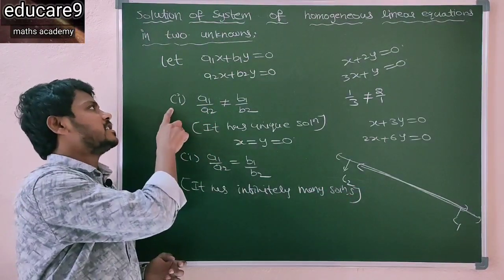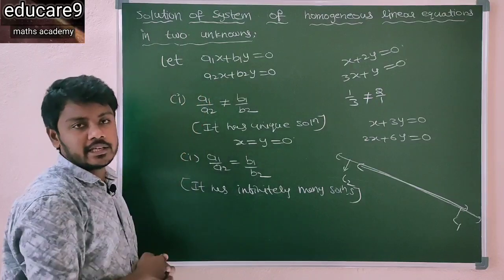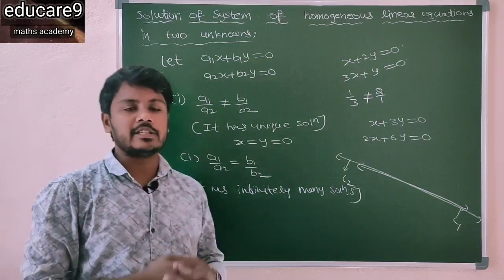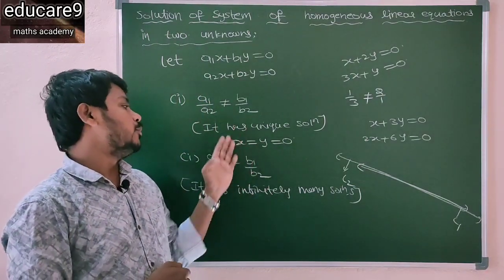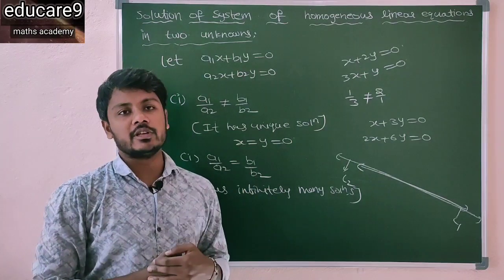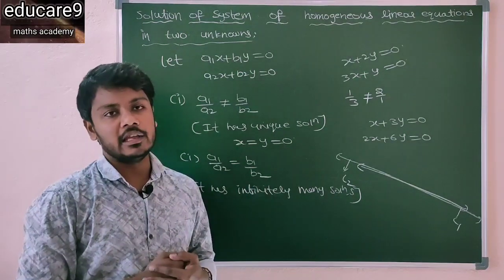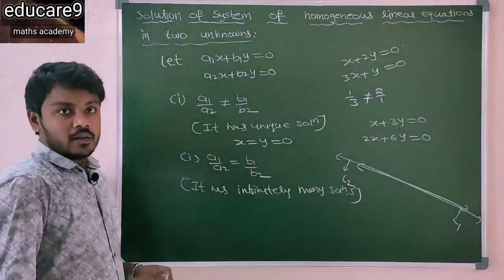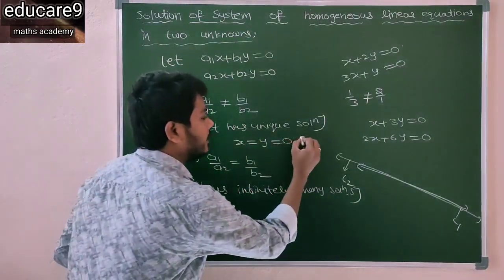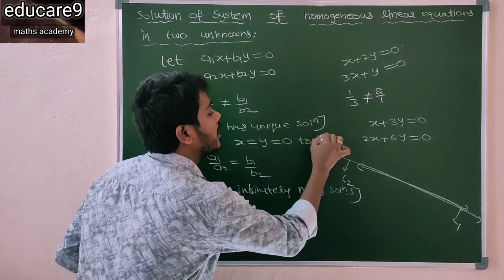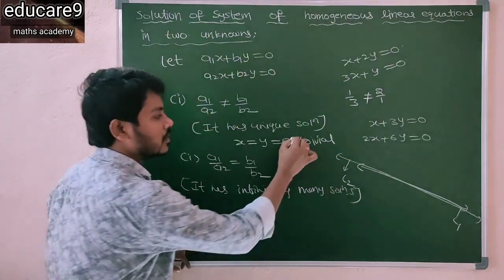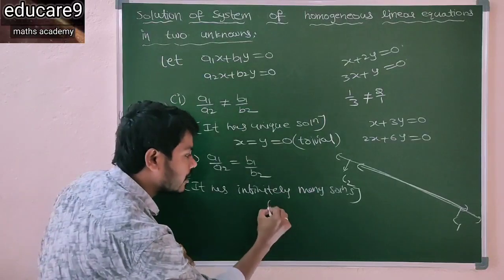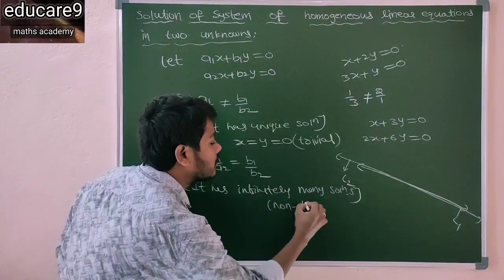In this case, the system of homogeneous equations is always consistent because in both cases it has a solution, either unique or infinitely many solutions. So it depends on the given equations. Okay. So clearly in this case it has trivial solution, and here non-trivial.